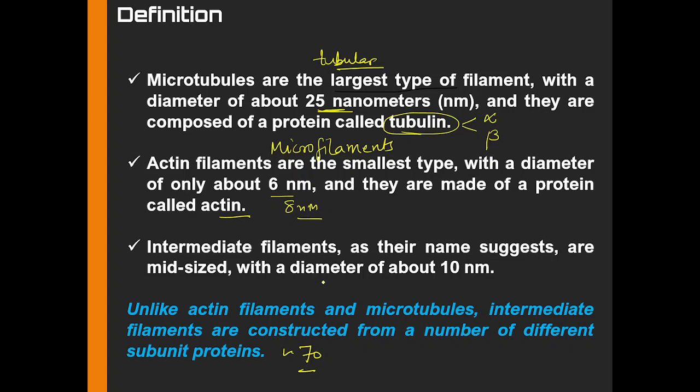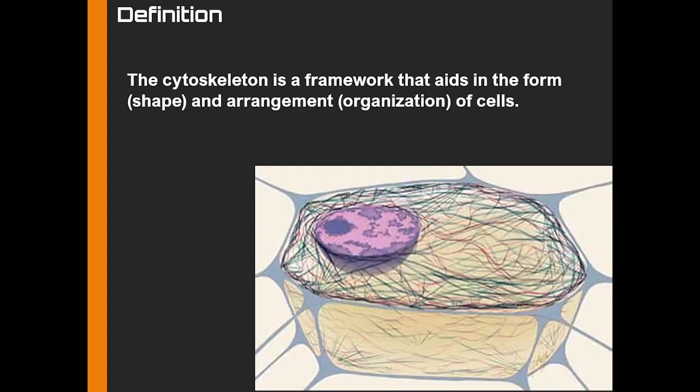Let's now look into their function, what they basically do. The cytoskeleton is the framework that aids in the formation of shape and the organization of the cell. They are involved in several processes, like cytokinesis, the spindle apparatus during cell division, the movement of cells, the contraction of muscles, and so on.